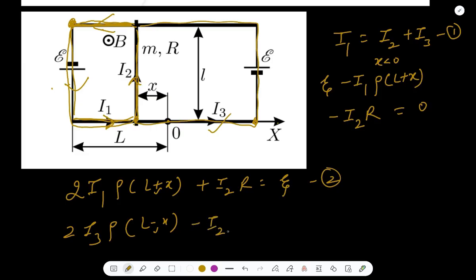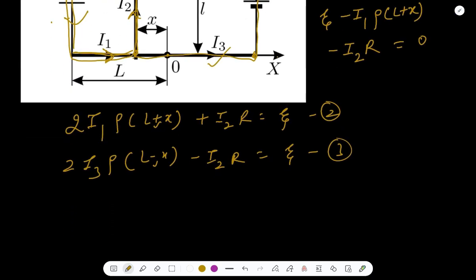Minus I2R equal to E xi, and that is equation number 3. And here you can do some manipulations and find I2. That is our plan, to find I2.